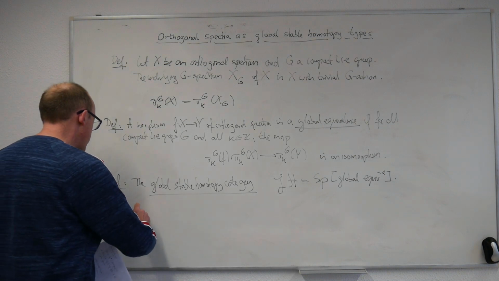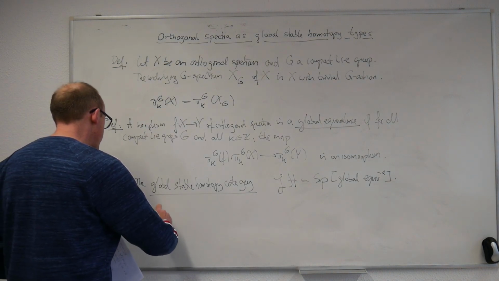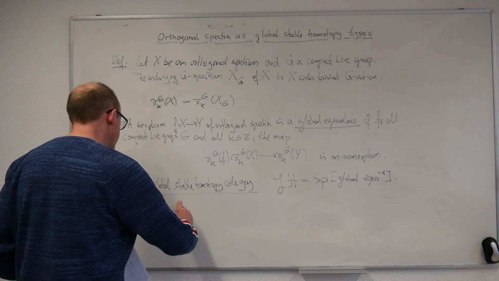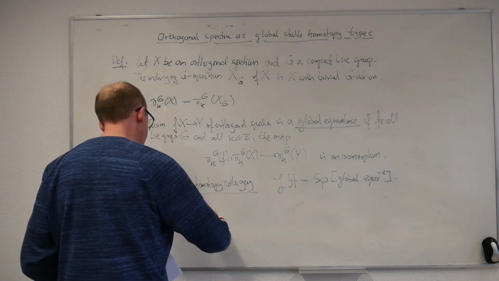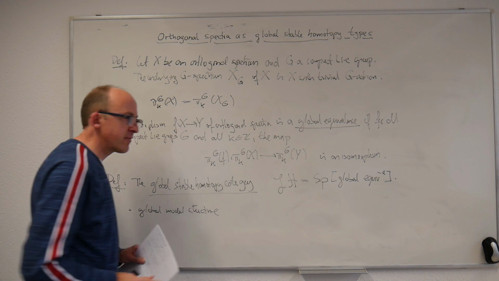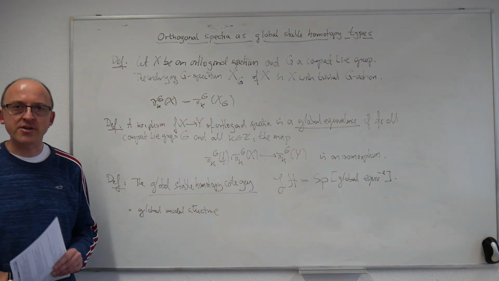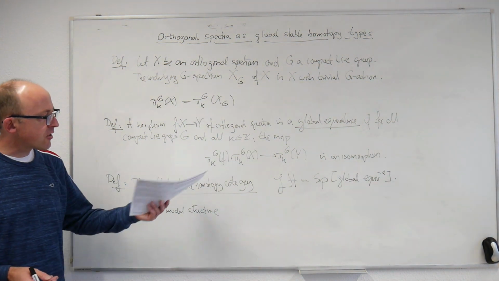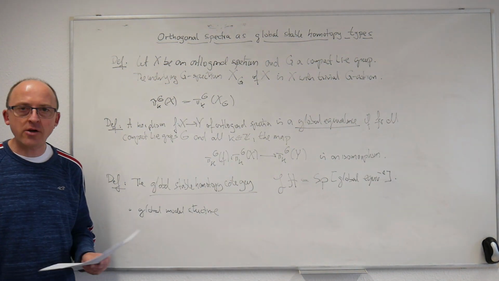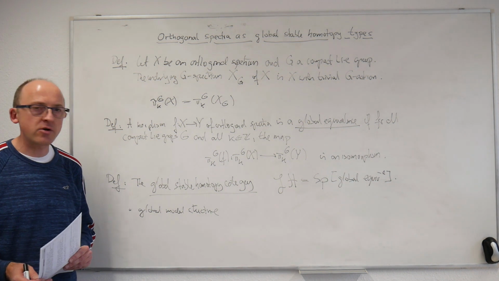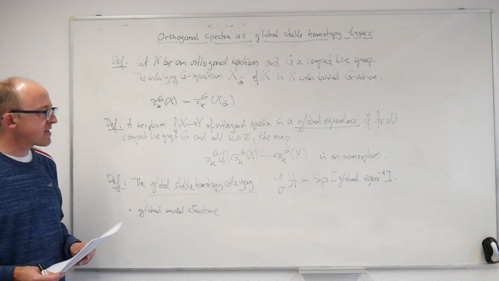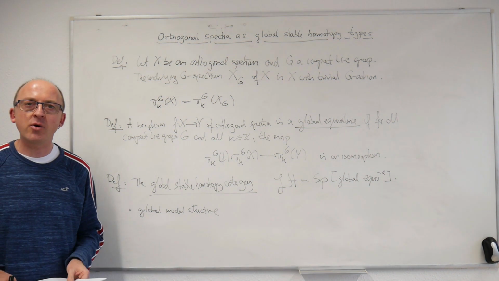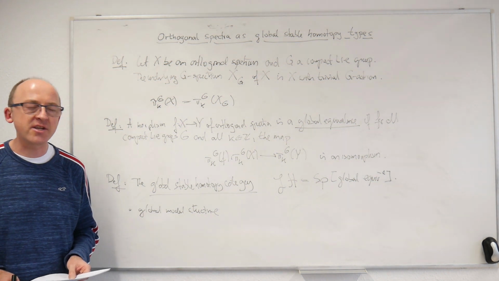But for this to be useful, we need a little bit more information. And something that I'll talk about later is that this supports a global model structure. So just as the pi_* isomorphisms of orthogonal G-spectra are part of one or actually several model structures, these global equivalences are part of what I call the global model structure, something I will talk about later. And in particular, this has the same kind of consequences that I pointed out when I talked about orthogonal G-spectra.